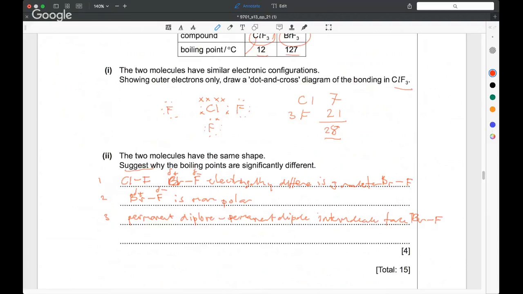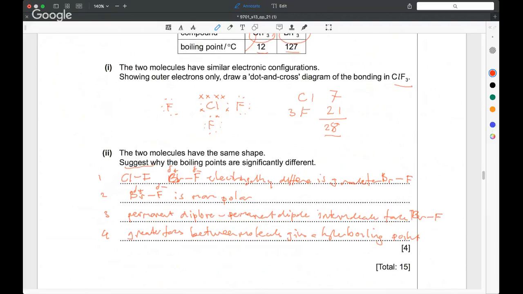And if the permanent dipole intermolecular force is greater, then you've got greater forces between the molecules, which leads to a higher boiling point.